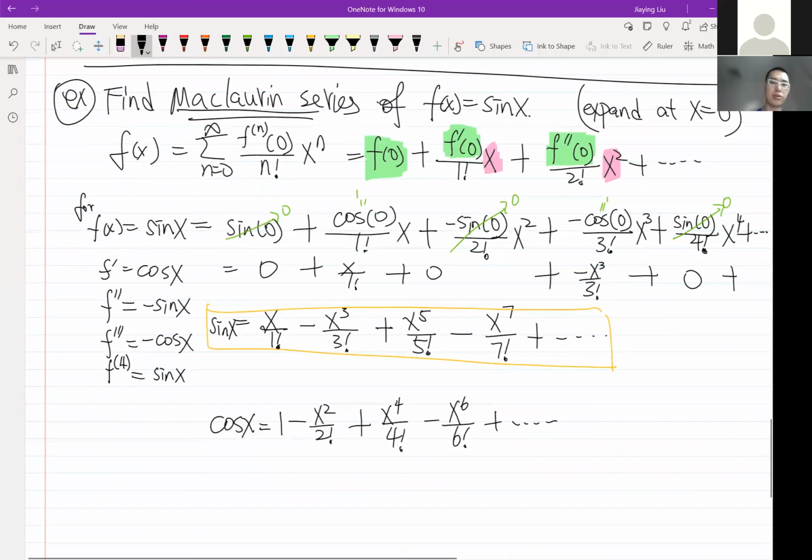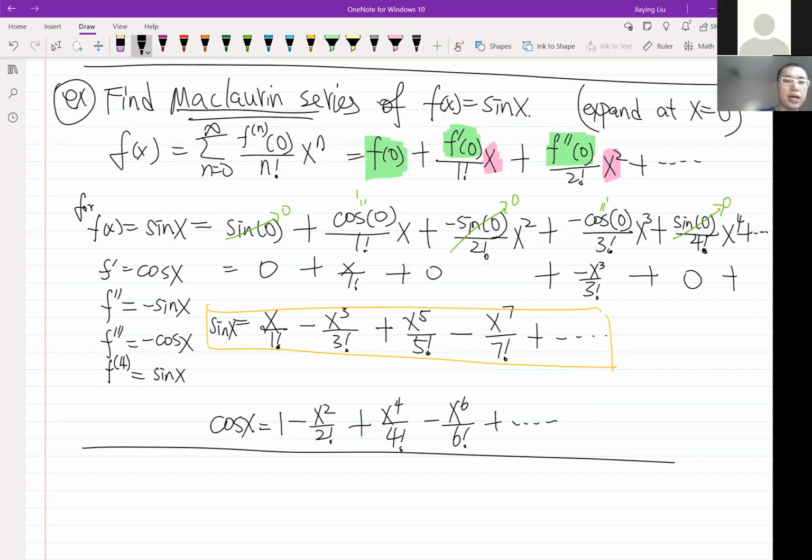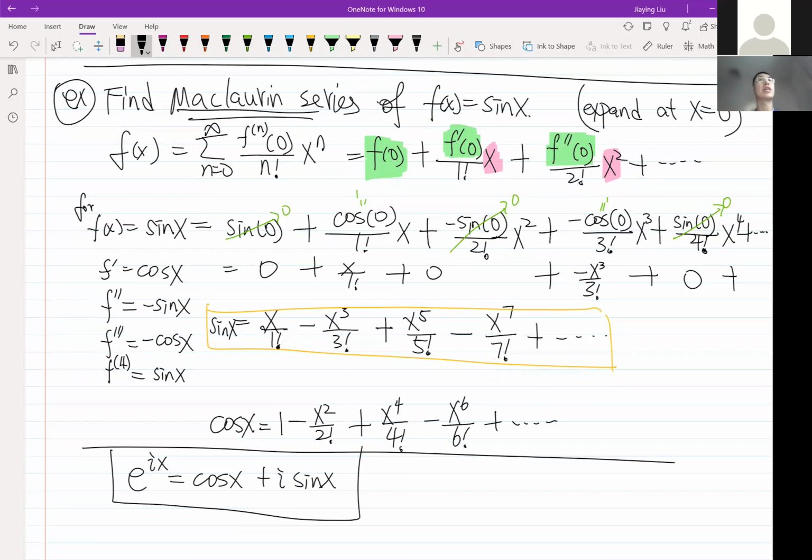And that will be another interesting project for you to look into. That's because e to the i x, you can write as cosine x plus i sine x, because they're related to e to the x. That's why the Maclaurin series for sine and cosine are similar to the one for e to the x.